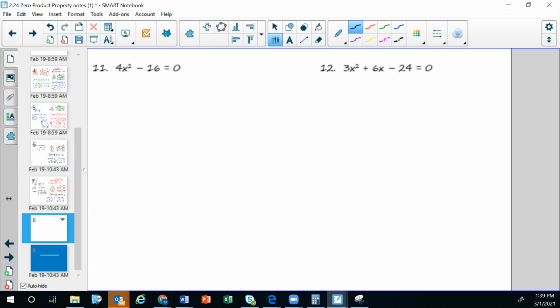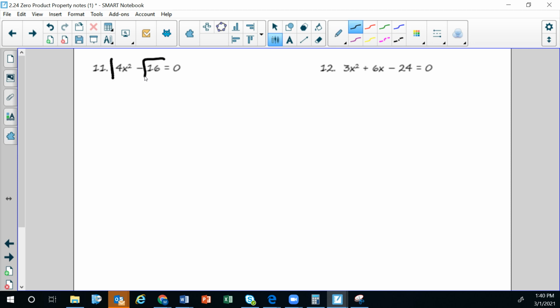And the last one is very similar to, well, number 11. This is a difference of perfect squares, right? And so if I take the square root of 16, I'll get 4, and the square root of 4 is 2, and the square root of x squared is x.